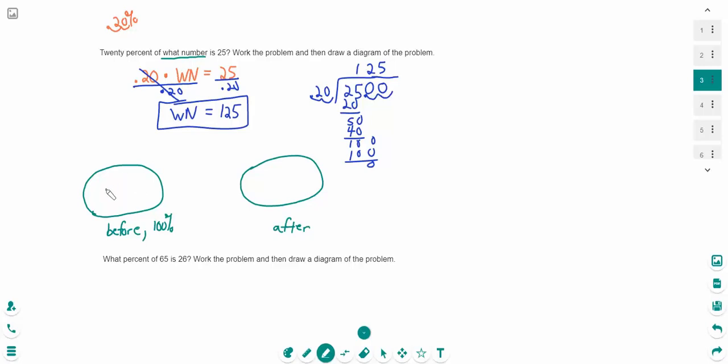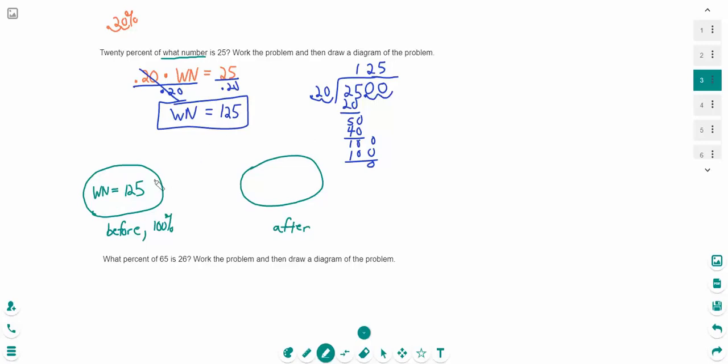Okay? So the original amount, the before, is the what number? That was the variable. Now, we've already solved the problem, and we know that the what number is 125. So I'm going to put in here what number, and it's going to be equal to 125.